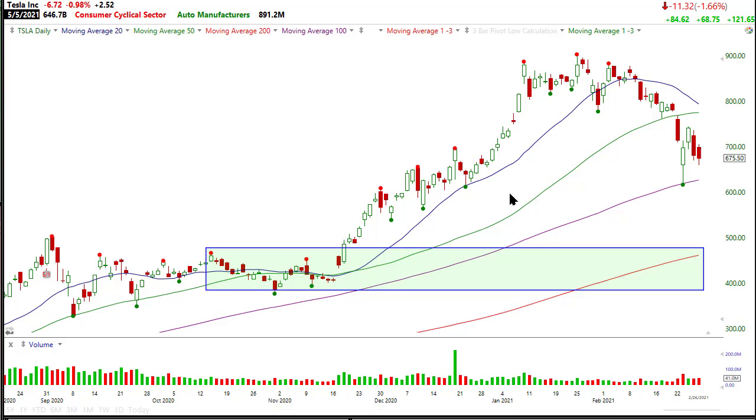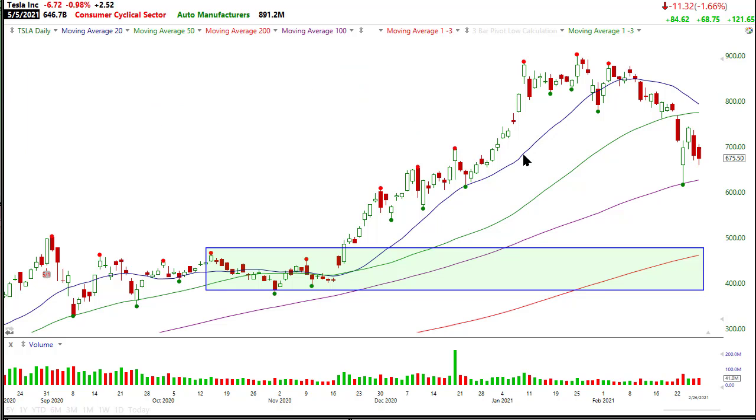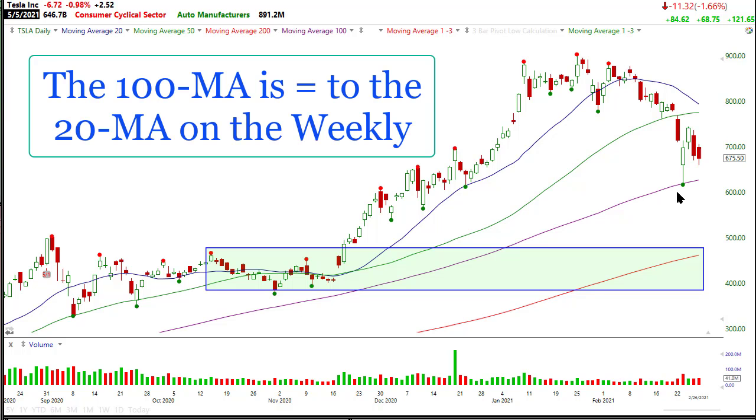Now, how do we know what's happening in different time frames? Well, the 50 MA is equal to a 10 period moving average on the weekly time frame. So if it's rising at a nice angle like this, and the 20 is above it, we can obviously see that the daily is up, but we know without looking at it that the weekly is up. Now, the 100 would be equal to a 20 period moving average on the weekly time frame.